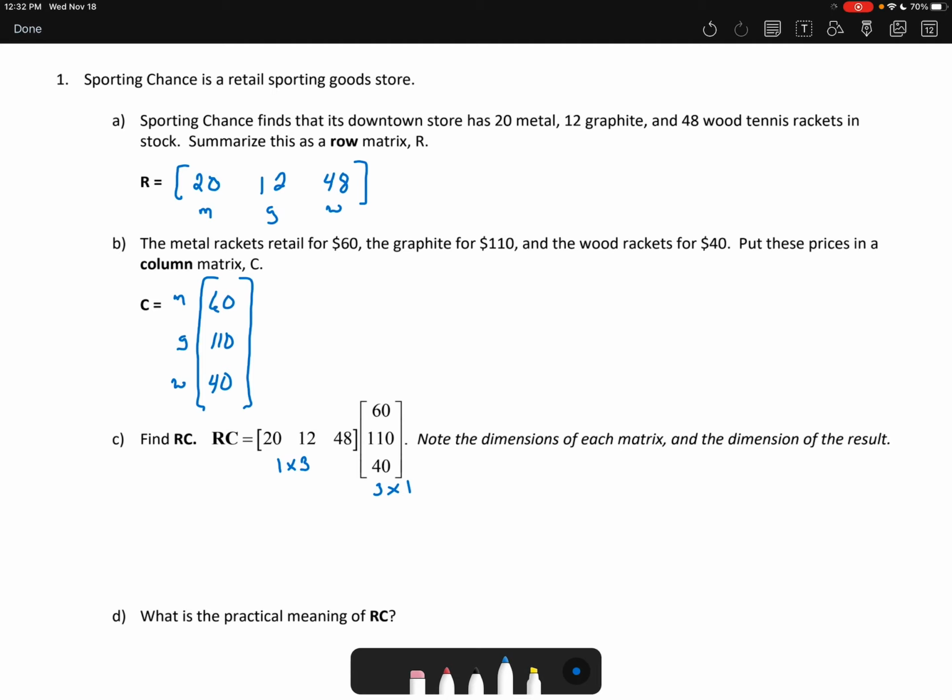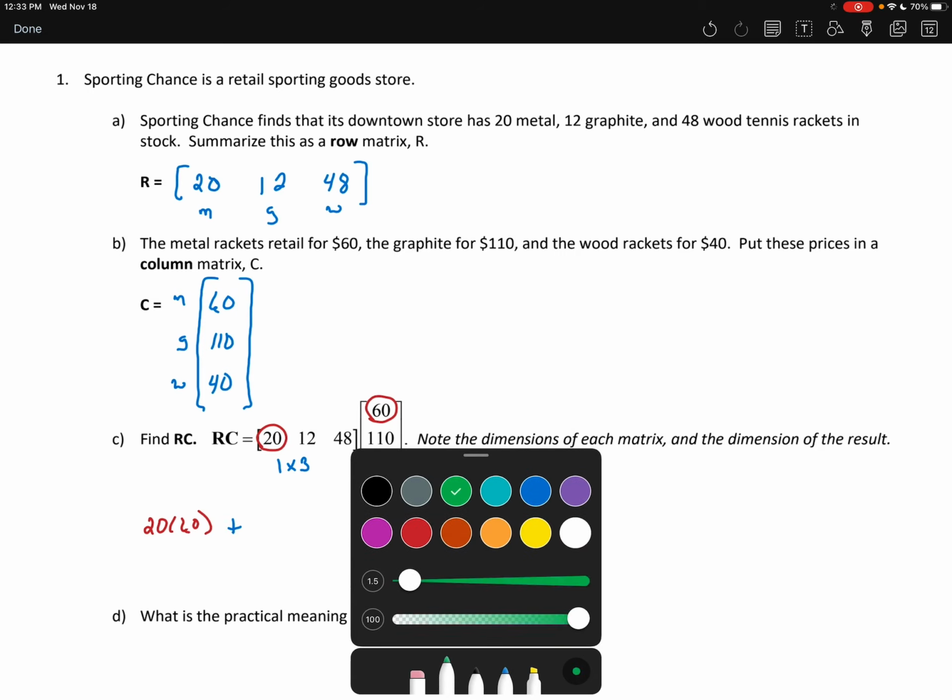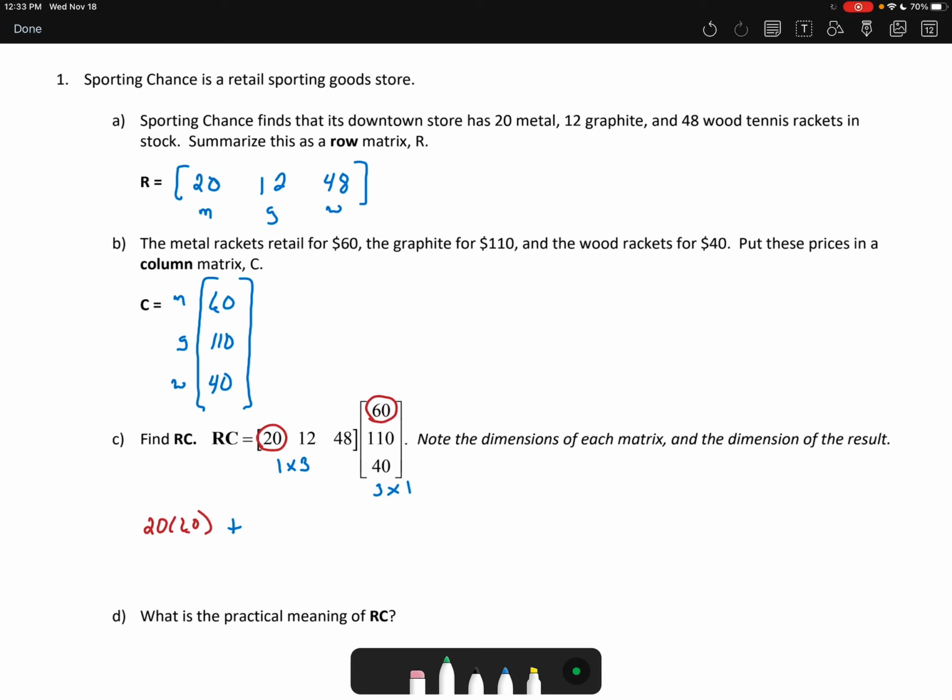Okay, so what we want to do here is basically multiply the corresponding entries, and I'm going to color code it. So first entry in R is 20, and the first entry in C is 60. So we're going to do 20 times 60 plus, okay, next entries. Next entry in R is 12, next entry in C is 110.